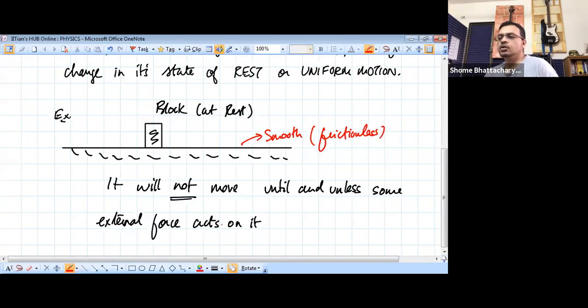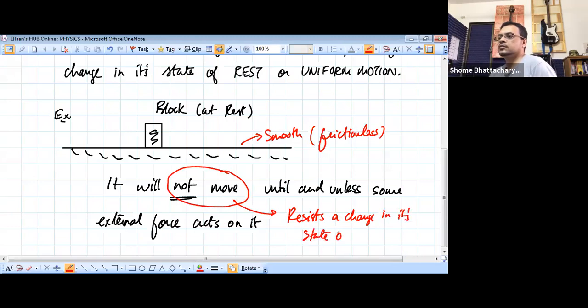But we know that it will not move until and unless there is an external force. So this tendency for it to not move means it resists a change in its state of rest. And the more strongly it resists that change, the more inertia we'd say it has.